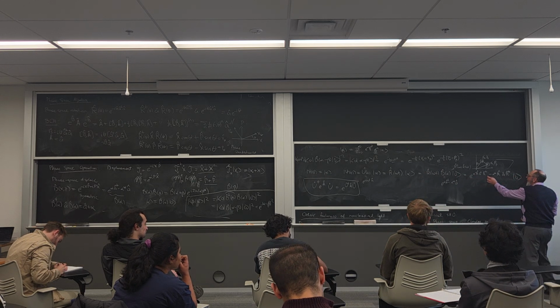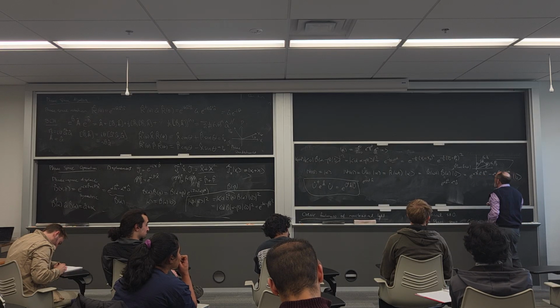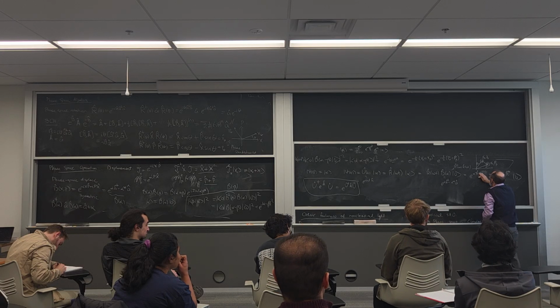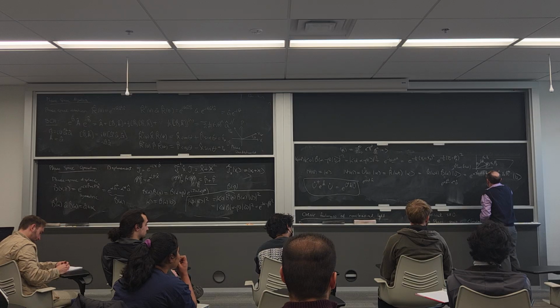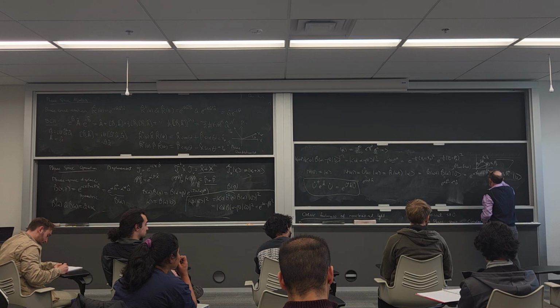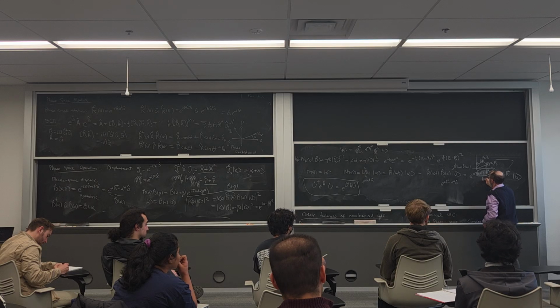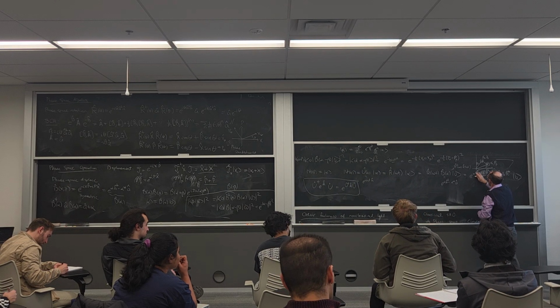Okay, now I look at this. This was R of omega t, a, R dagger of omega t. Let's look at this object. Oh boy.